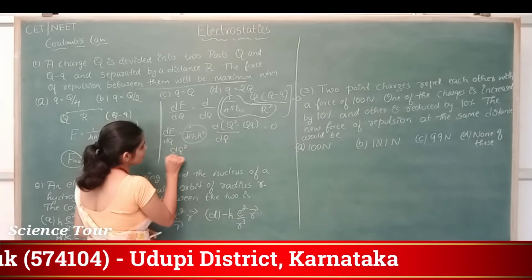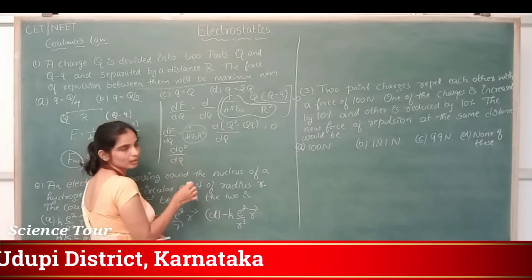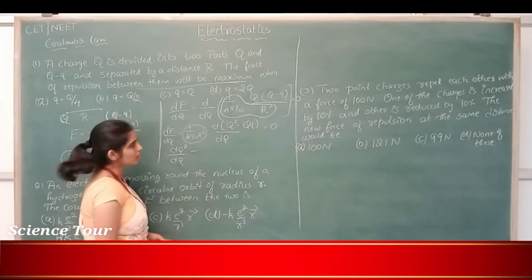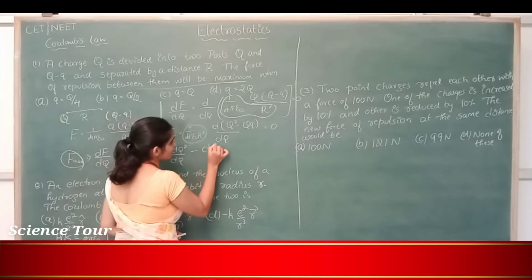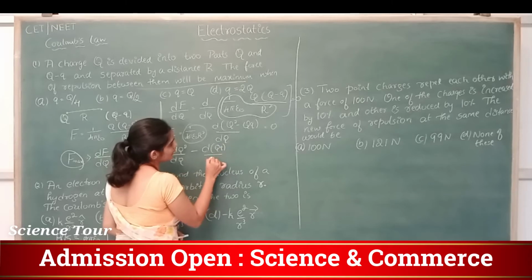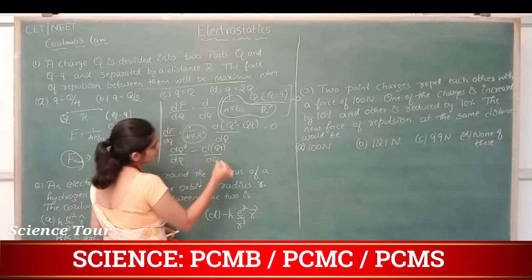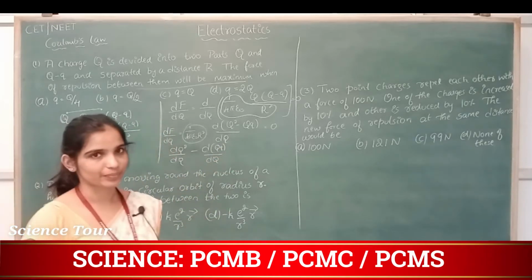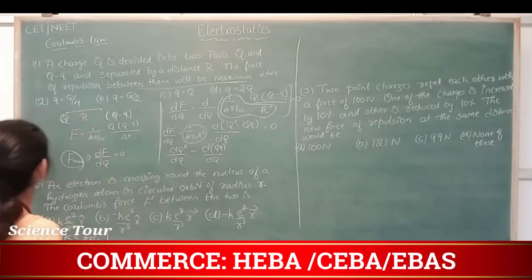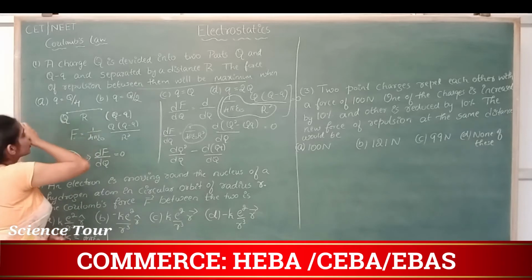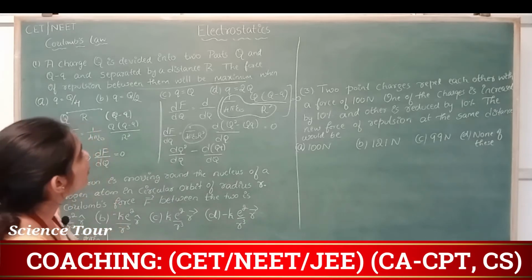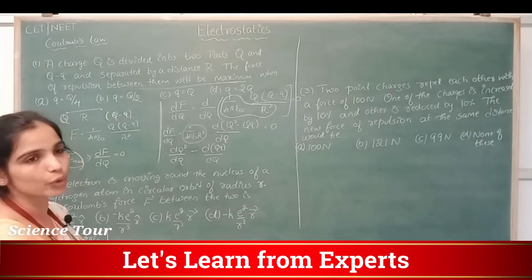What is the differentiation of this? dQ q with respect to dq minus the differentiation of q square with respect to dq. What they are asking, the options are given: q is equal to Q by 4, q is equal to Q by 2, q is equal to 2Q, q is equal to 2Q.